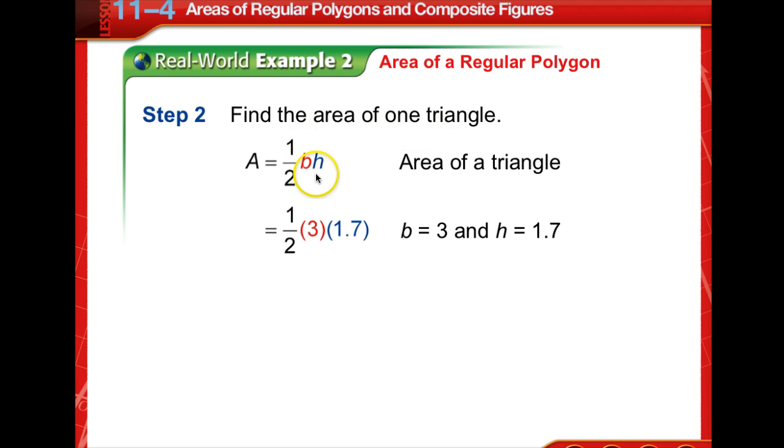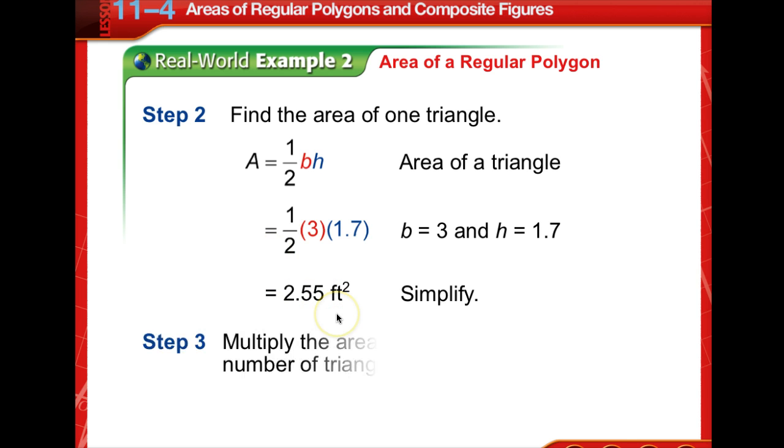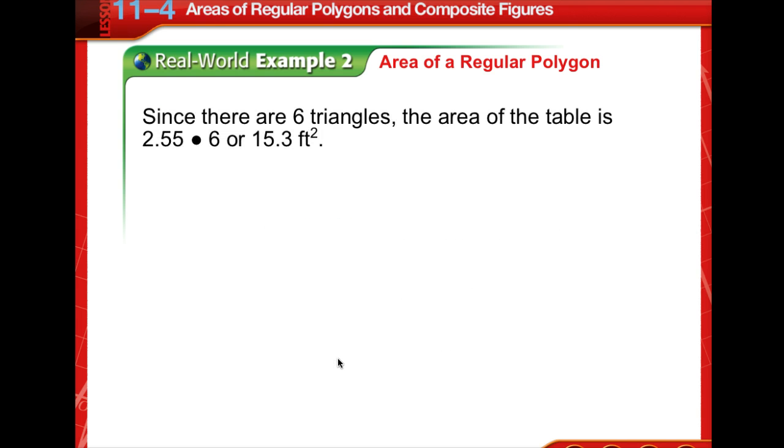To find the area of one triangle, again, the area of a triangle is 1/2 the base times height. And so that is the area of one triangle, 2 55/100 square feet. And now we multiply by the number of triangles, which is 6. So we have 15 3/10 square feet.